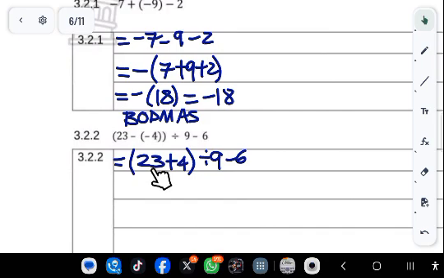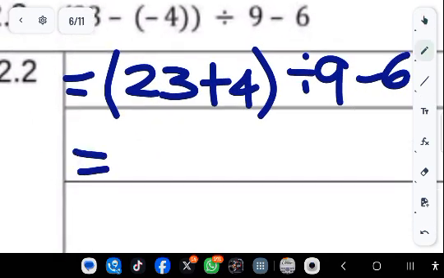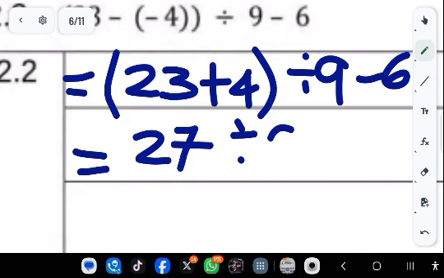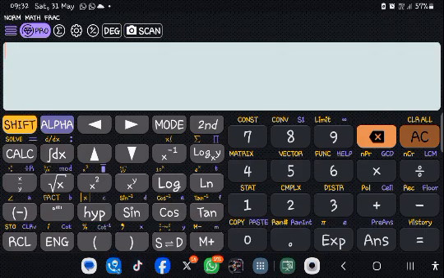Now let's finish what's inside the bracket. 23 plus 4 is 27, so that's 27 divided by 9 minus 6. 27 divided by 9 is 3, but if you don't believe me, let's work that out in a calculator. 27 divided by 9 is equal to 3. There you go.